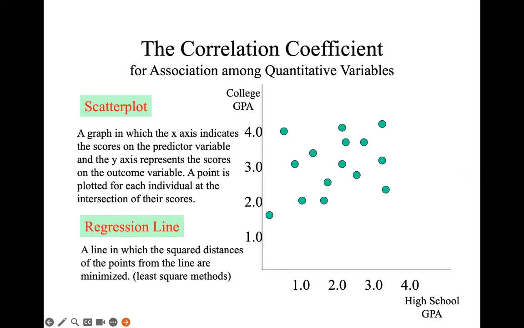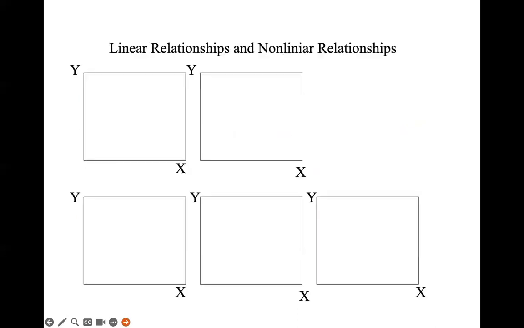A regression line is formed when the squared distances of the points from the line are minimized. So that's the regression line in the scatter plot. The linear relationship and the non-linear relationship are very important in the interpretation of data.